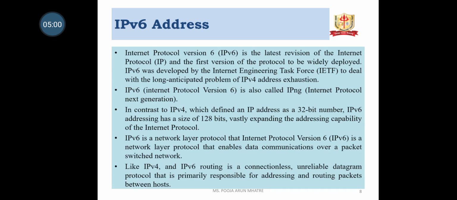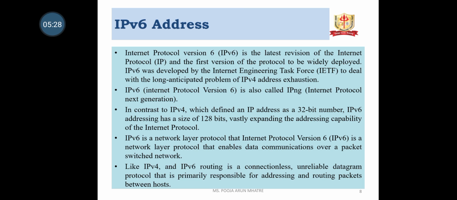IPv6 address. Internet Protocol version 6, the IPv6 address, is the latest version of Internet Protocol. The first version of the protocol to be widely deployed was IPv4. IPv6 was developed by the Internet Engineering Task Force, that is IETF, to deal with the long anticipated problem of IPv4 address exhaustion.